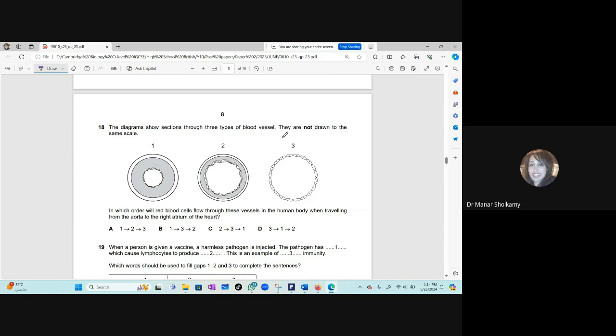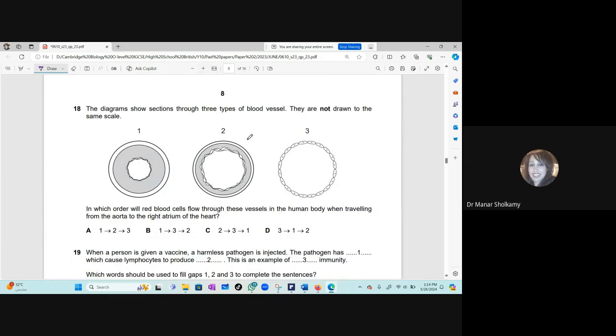In which order will red blood cells flow through these vessels in the human body when traveling from the aorta to the right atrium of the heart? Now, this can be tricky. The questions will start being tricky. B. Yes, correct. Now, why did you choose B?